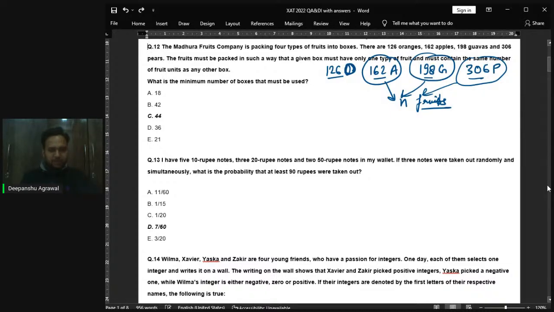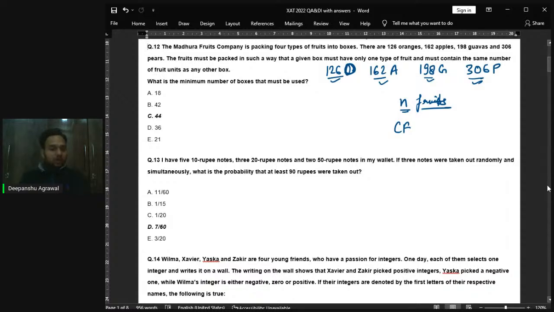I hope you have understood this. Okay, so this n number should be a common factor of 126, 162, 198, and 306. All of them should be a multiple of n, whatever the value of n is, right?